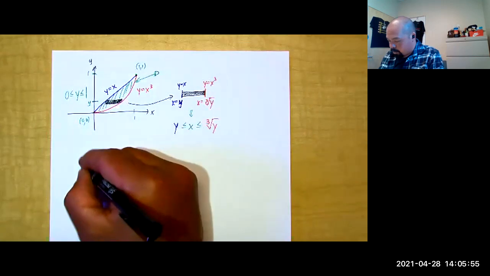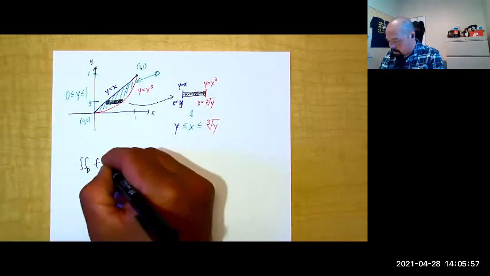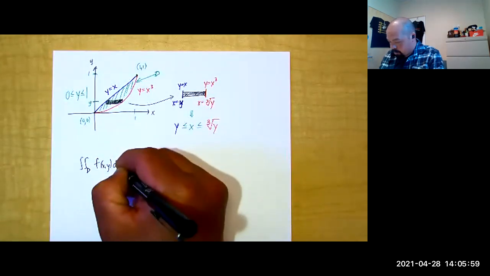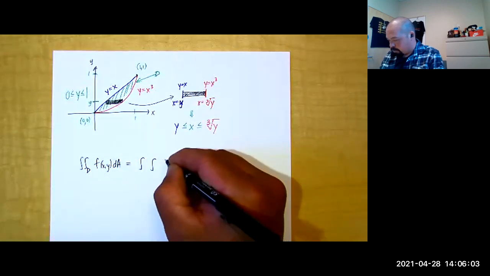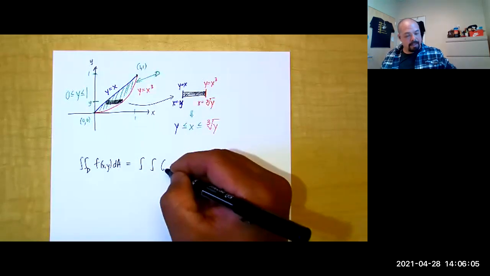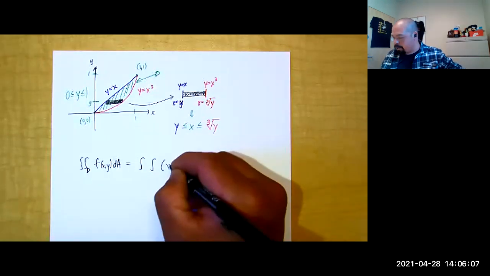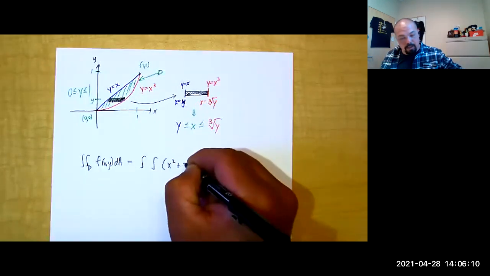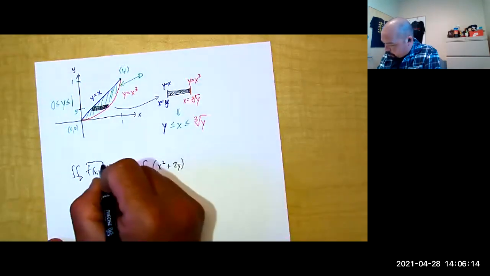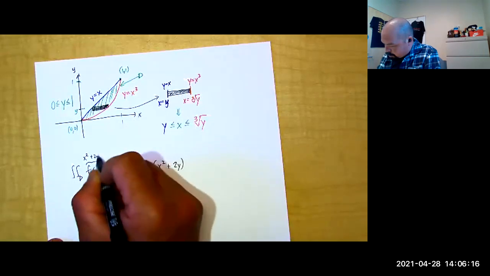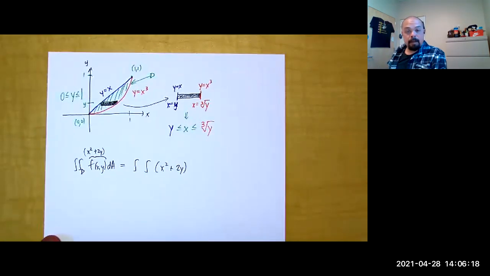So when we look at that integral, we can also rewrite it. And our function was what? X squared plus 2y, from the problem before.